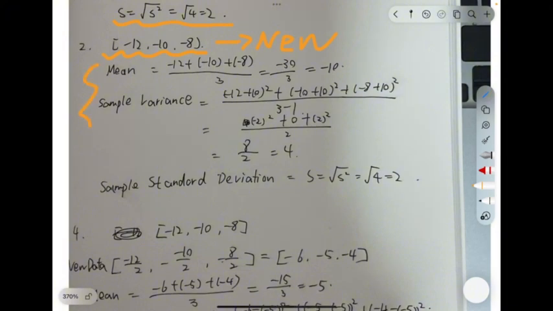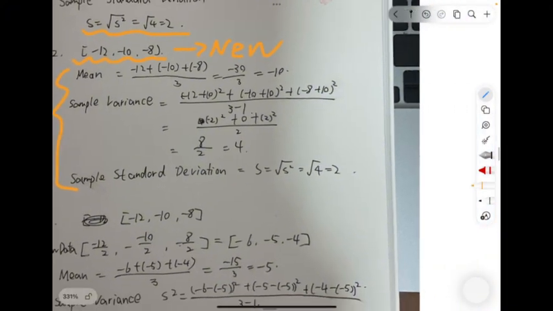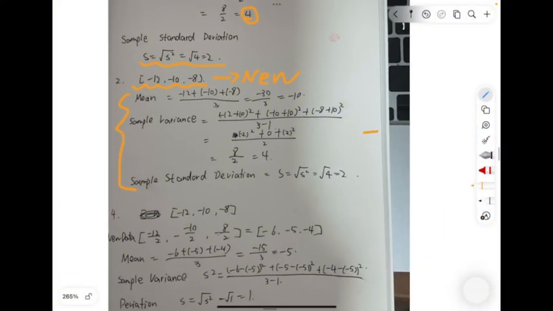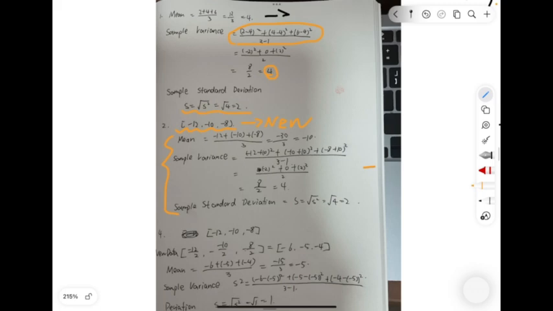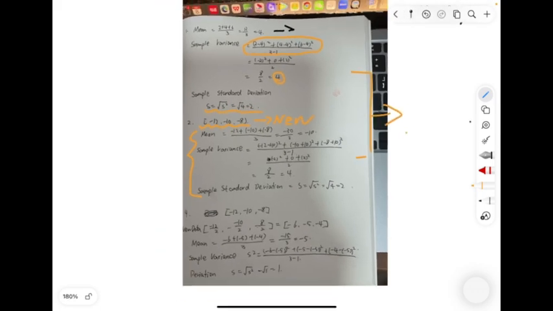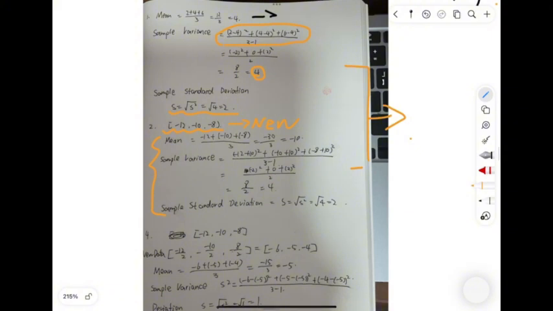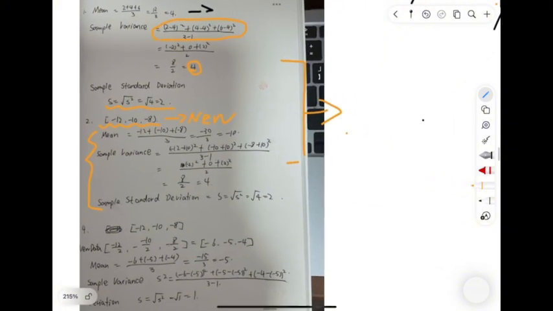Then these 3 steps are the same as question 1. It's the same as question 1, just change the data. It's all according to the formula.